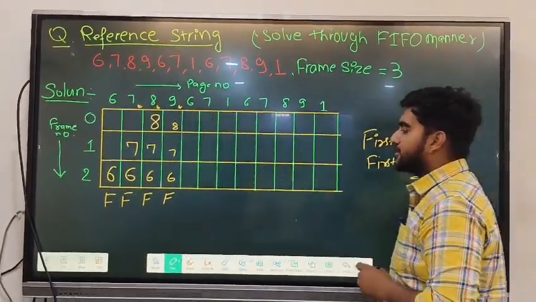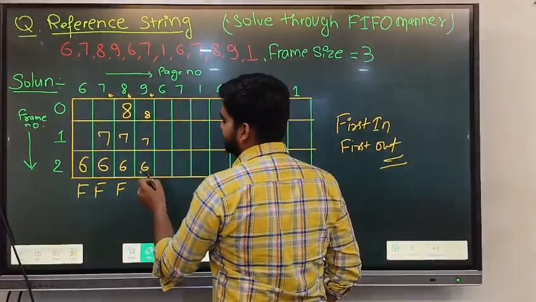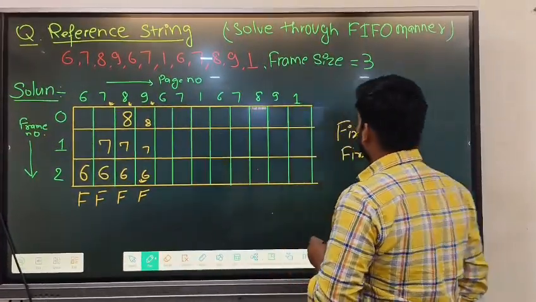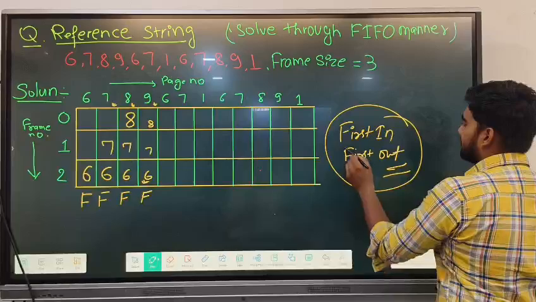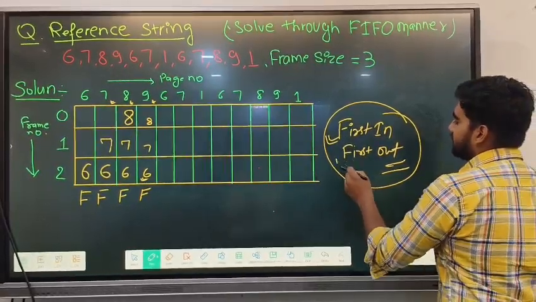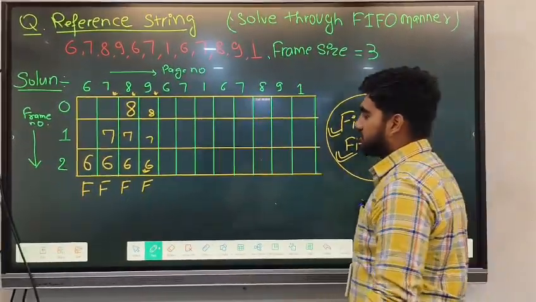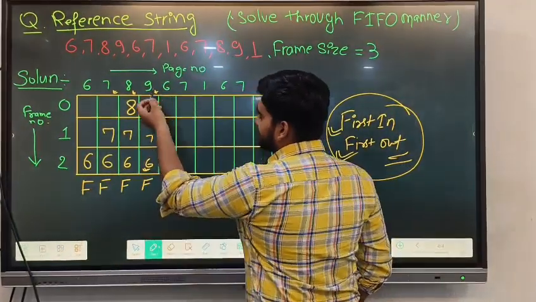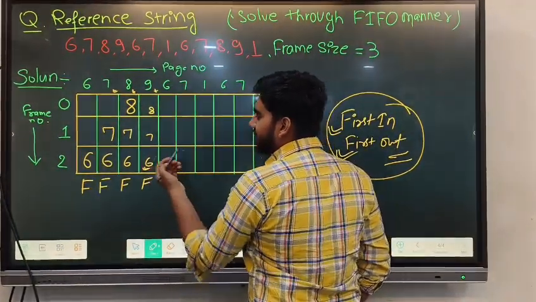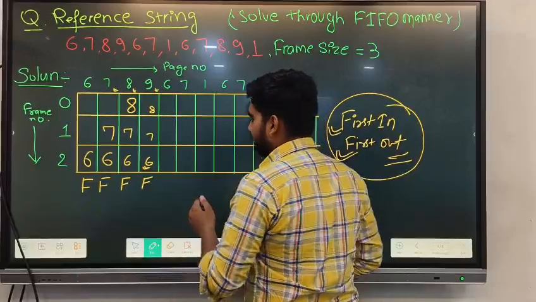So the first page which came here is page number 6. According to this algorithm, the first member which came is out first. So page number 6, which came first, is replaced with page number 9.